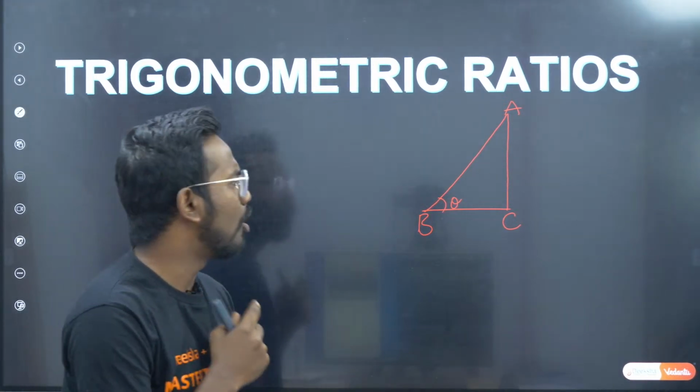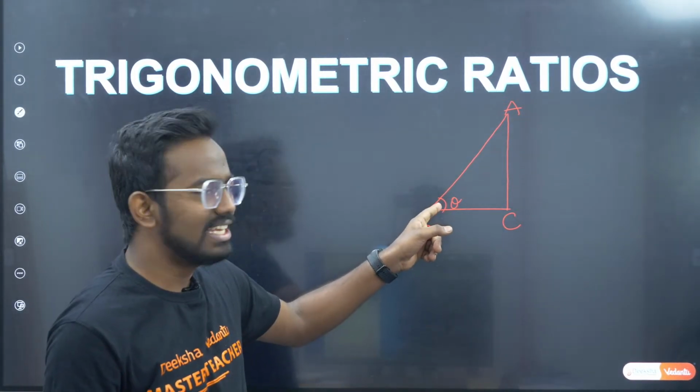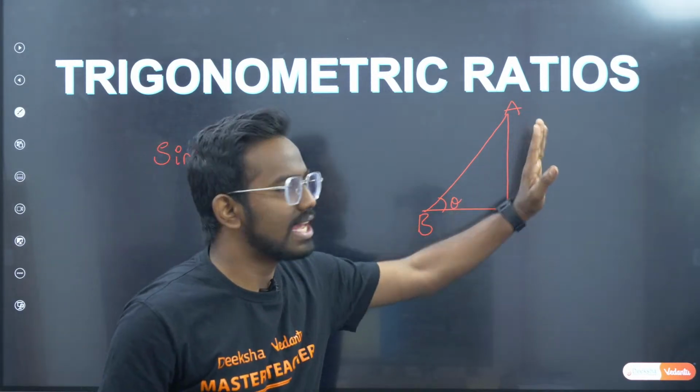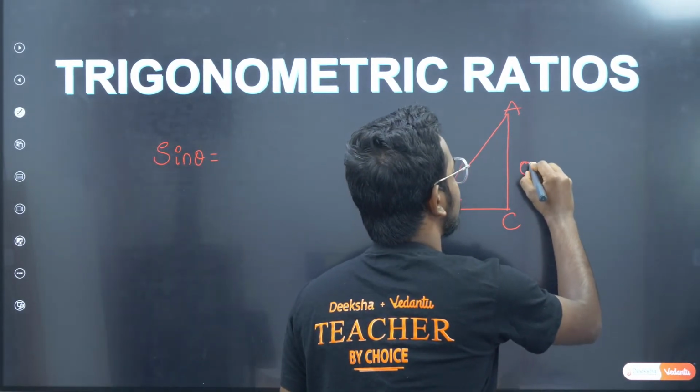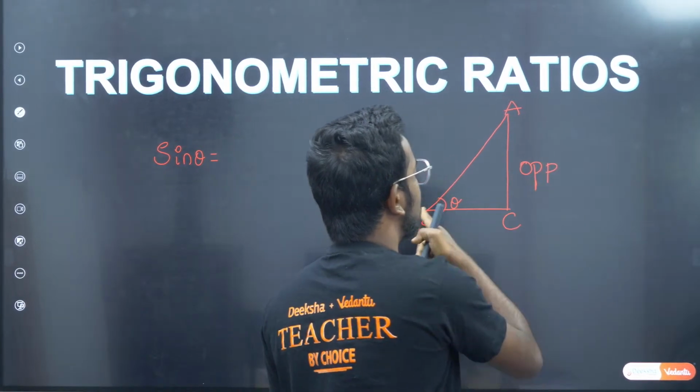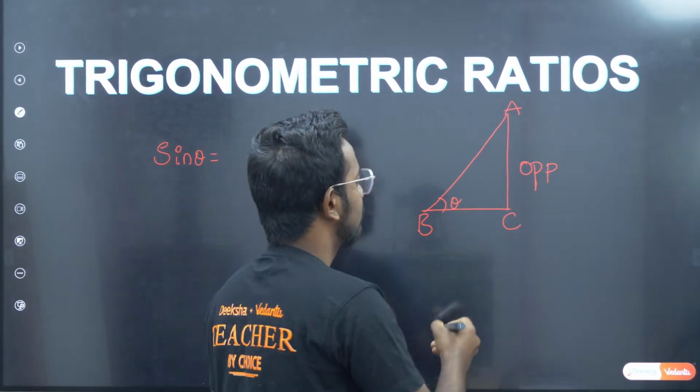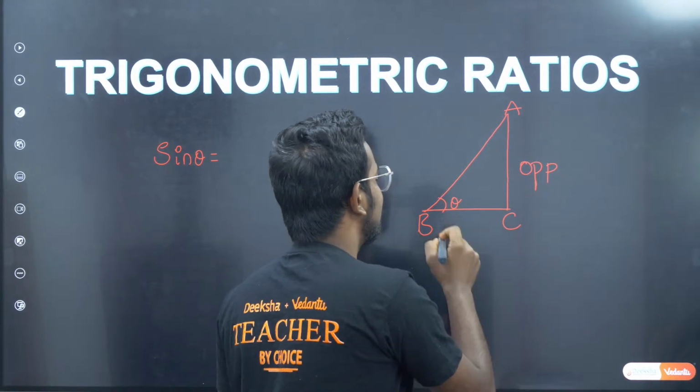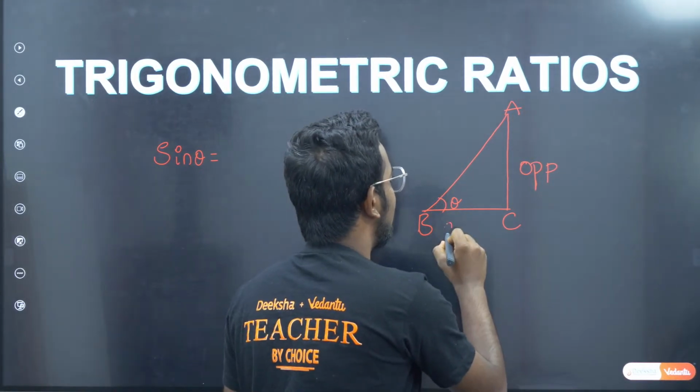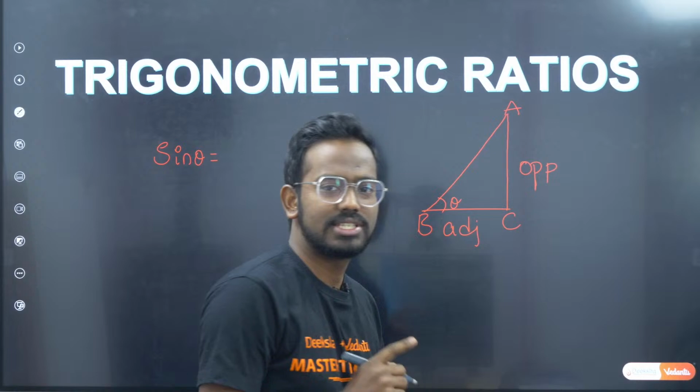For any angle theta, the side that is opposite to the angle theta is the opposite side. The side that contains this angle is the adjacent side, very logically coined.